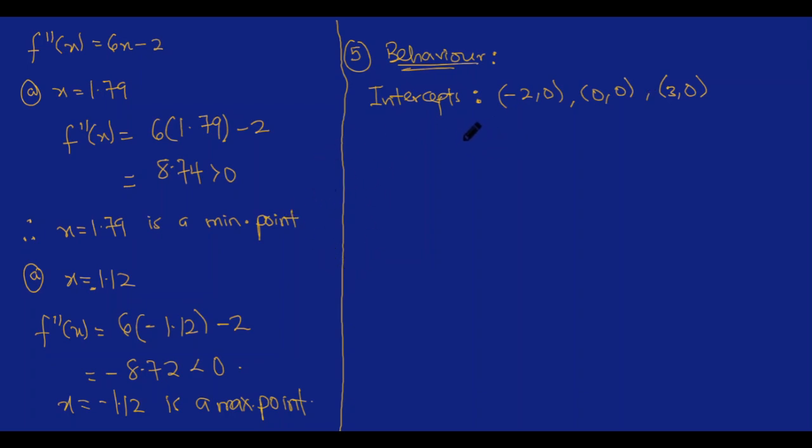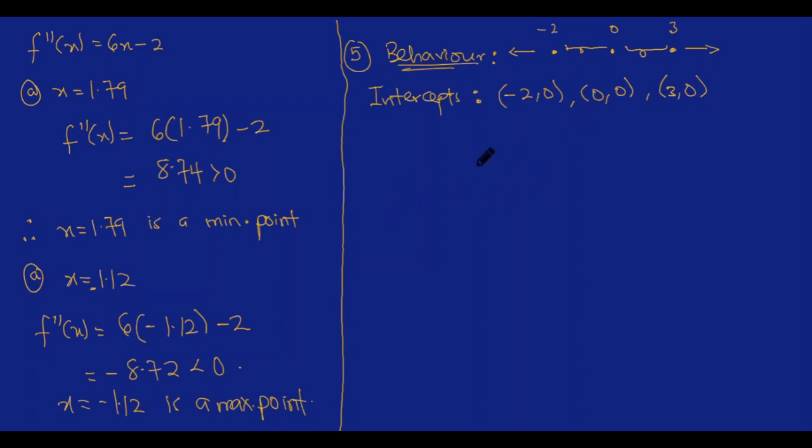So if you set up intervals within those 3 points, if you have minus 2 here, you have 0 here, and you have 3 here, it means you are examining what happens to the left of minus 2. You're examining what happens between minus 2 and 0. You're also checking for what happens between 0 and 3. Then you're examining what happens to the right of 3.